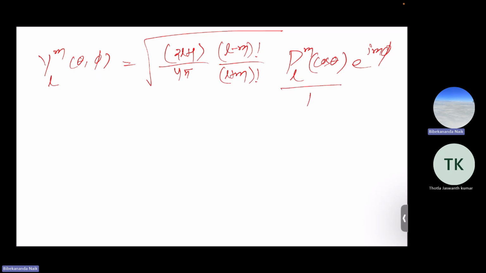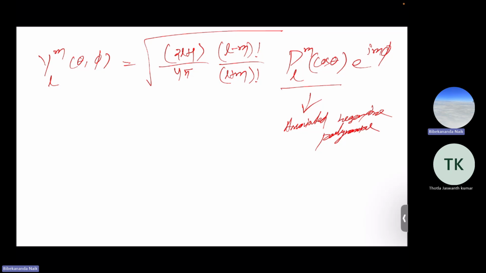Here this P_lm(cos theta) is called the associated Legendre polynomial.